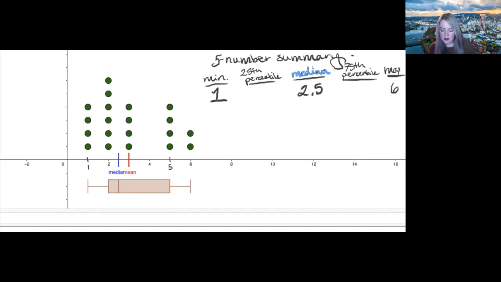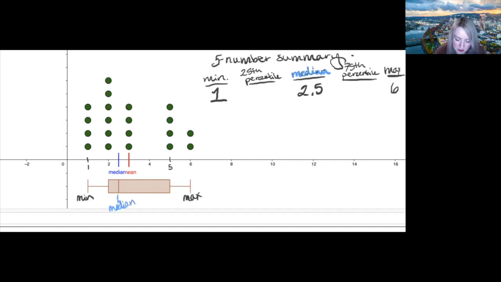Okay, so then let's start talking about how we can know the 25th percentile and the 75th percentile. I can actually read this off of my box plot. So this is the minimum. This is the maximum. This is the median.